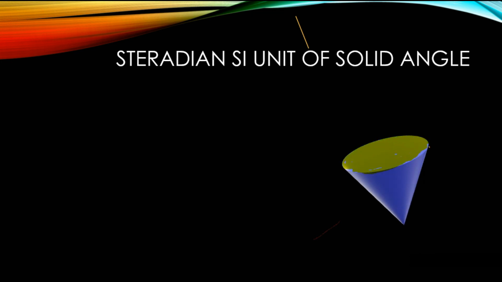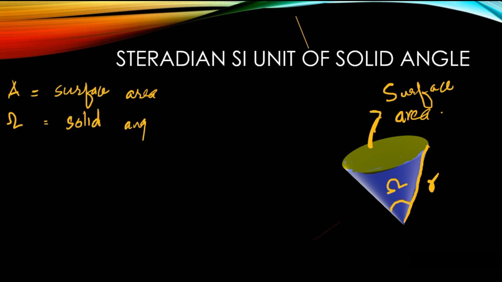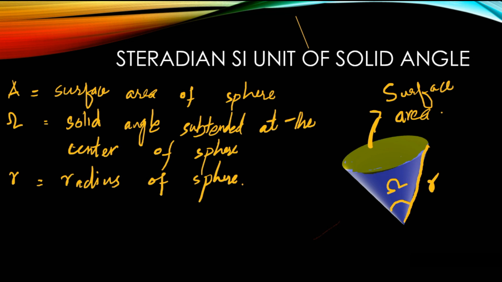Here I have shaded green the circular base of the cone. A is the surface area, sigma is the solid angle, and r is the radius of the sphere. So how can we define one steradian?